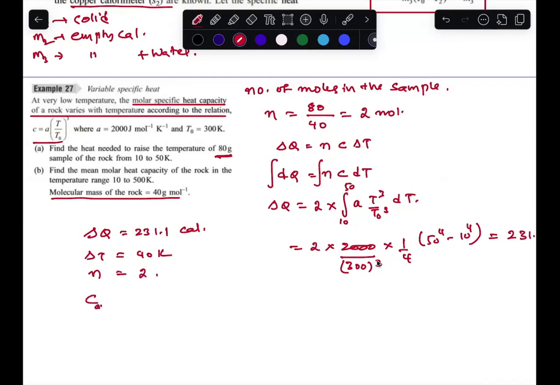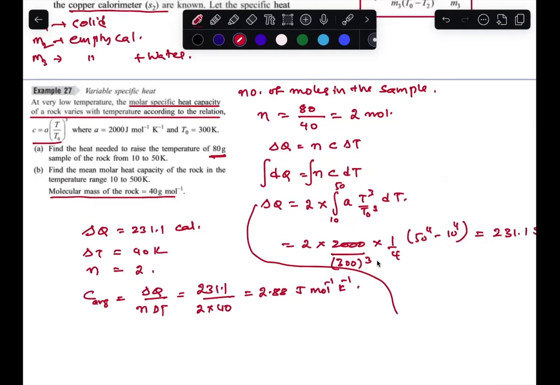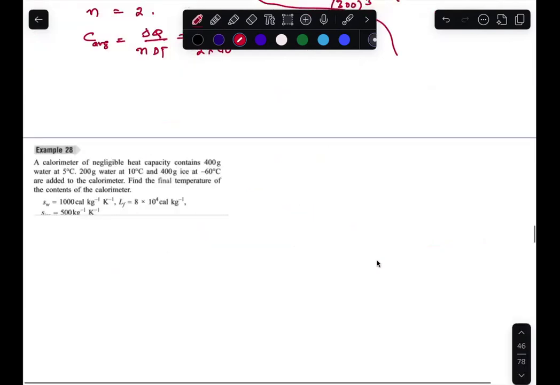So C average is nothing but delta Q by n delta T, which is 231.1 by 2 times 40. This will work around 2.88 joule per mole per Kelvin. Remember, no confusion: this is at a temperature, and this is average for the process. Right. The next question.